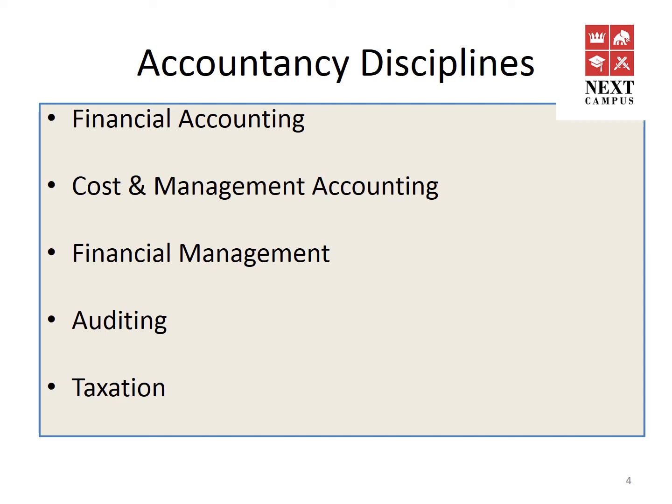Financial management is how funding will be obtained for the business, let's say from shareholders, bank loans, or other loan sources, and how it will be invested. We call that financial management. For the funding as well as investments, we need accounting as a method of record keeping.